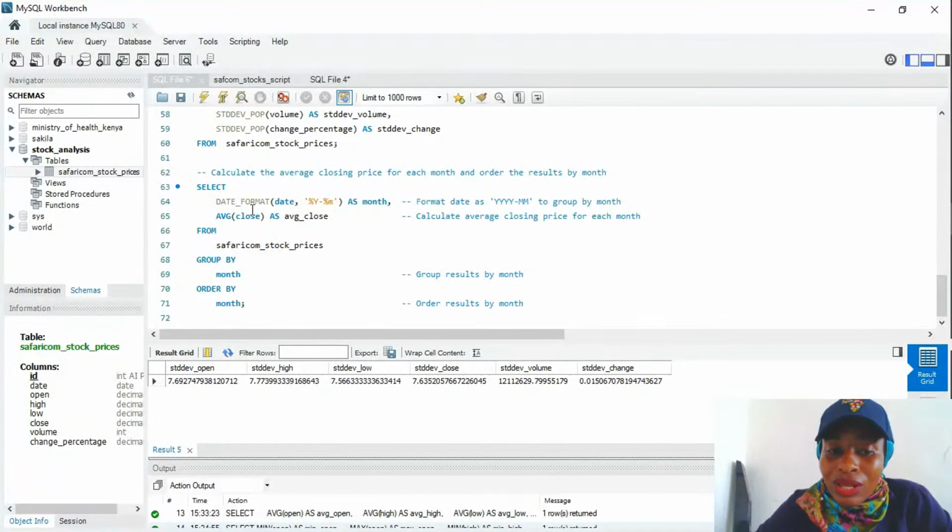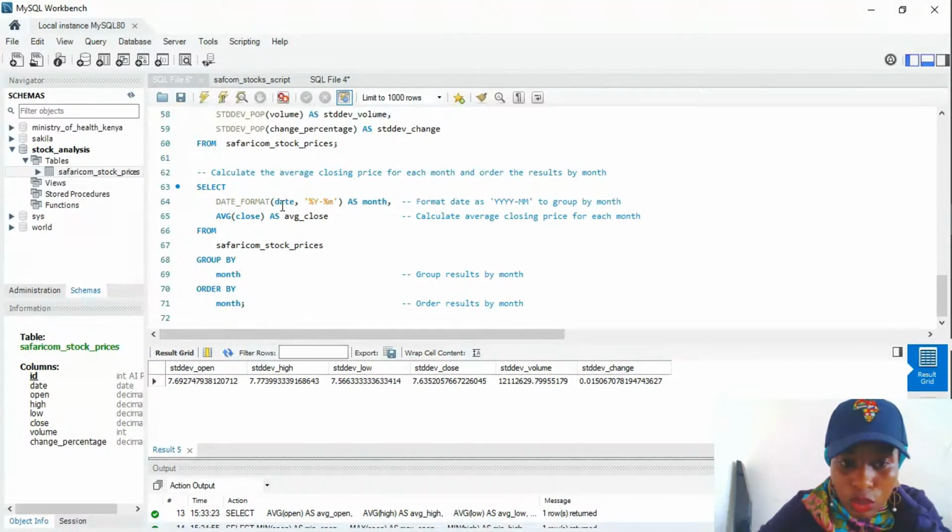And we're doing this to remember the management also wanted us to give them some market analysis. So we will be selecting. We're going to be using the date format. This is also an inbuilt function, and you're going to be selecting the date format from the date column, selecting the year and then the month.